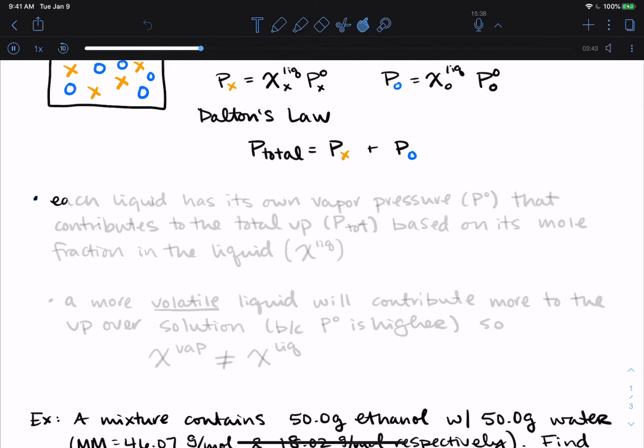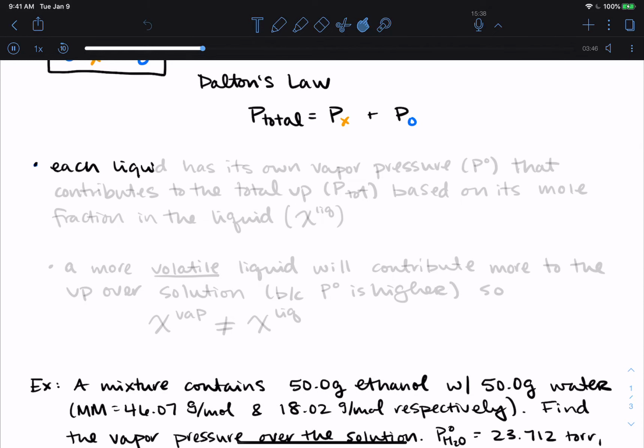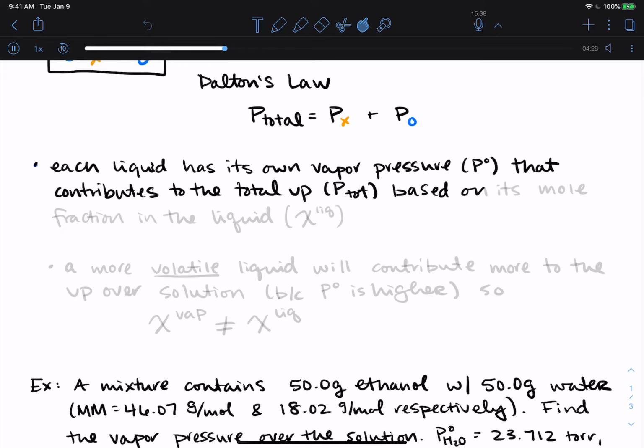So some things that we have already said, which is that each liquid has its own vapor pressure, which is that P with the superscript O circle, that contributes to the total vapor pressure, which is our P total, based on its mole fraction in the liquid.